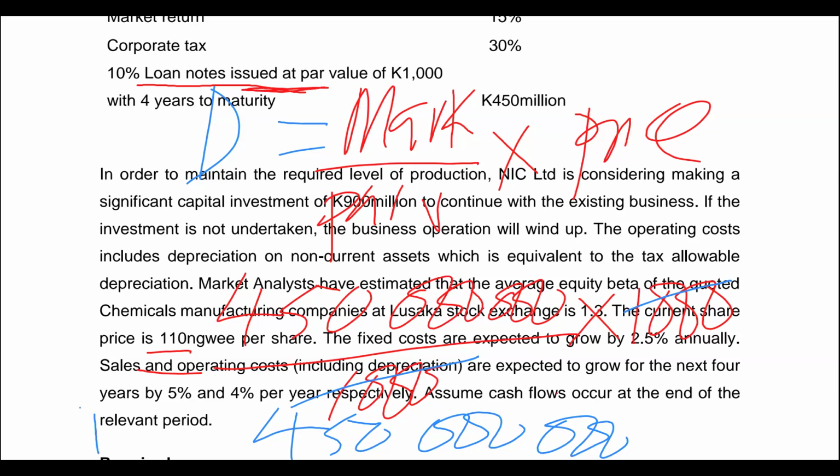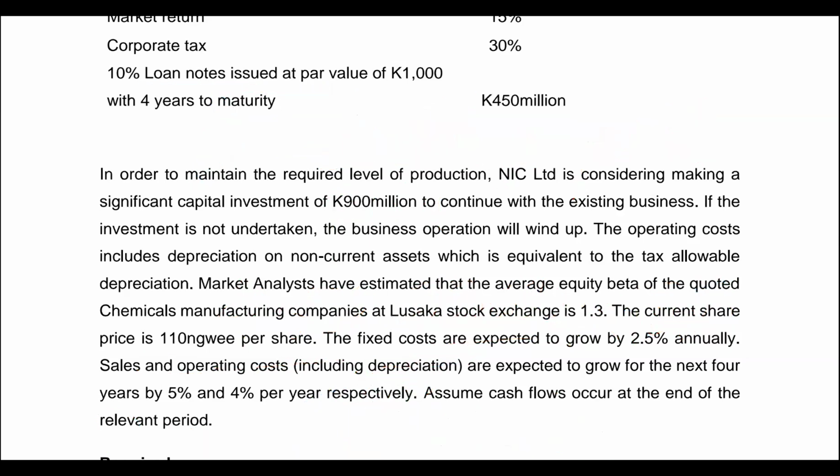This is the value of debt. Now you have everything that you need, isn't it? Then we can do our work. What is cost of equity? 17%, 0.174 multiplied by, what is our equity? Our equity is 1.1 billion.